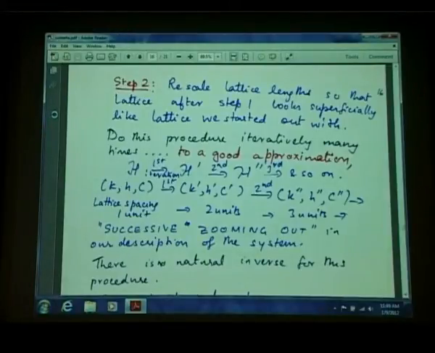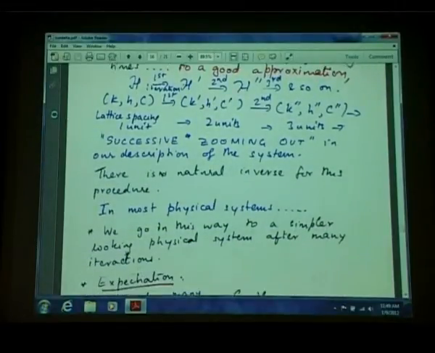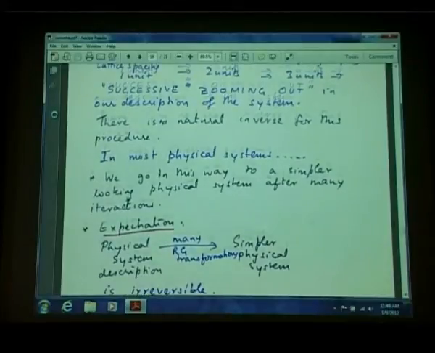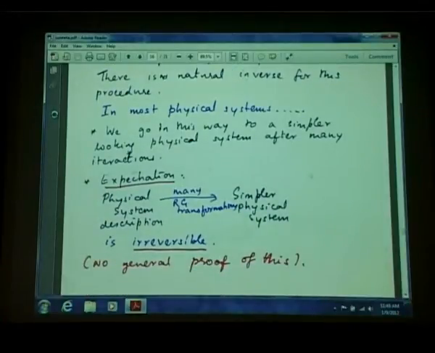Now because this is an approximation, there is no natural inverse for this procedure, so renormalization group is not such a nice term. There's no group structure. Okay, so in most physical systems, we go in this way to a simpler looking physical system after many iterations. Of course, there are many notable counterexamples, so this is just something that you normally expect.